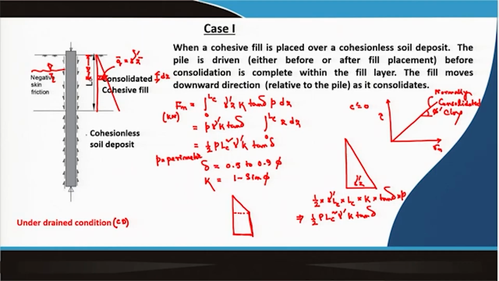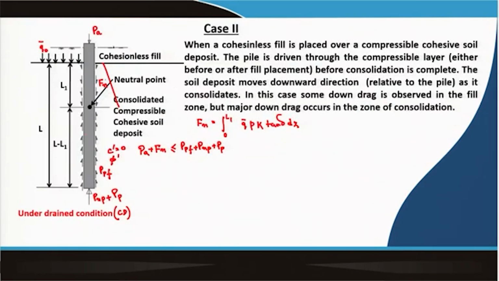Okay. So, now here the downward forces are PA and Fn, and the upward forces are PNP plus PP plus PPF. PPF is the positive friction resistance.